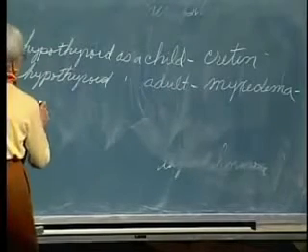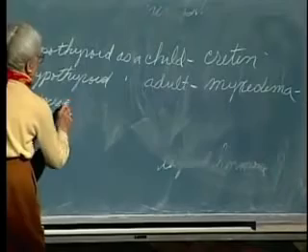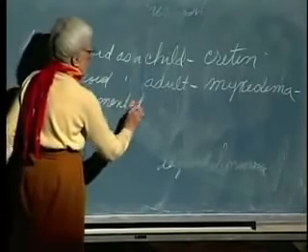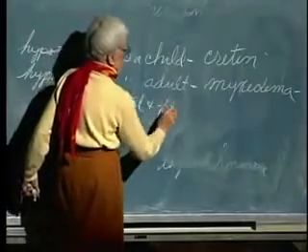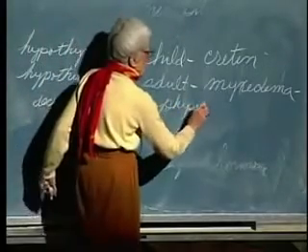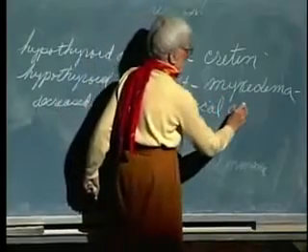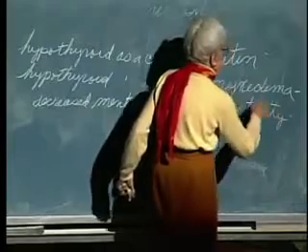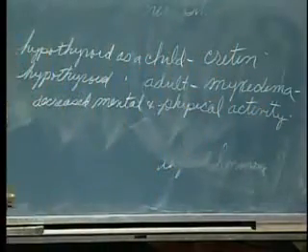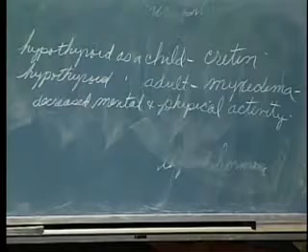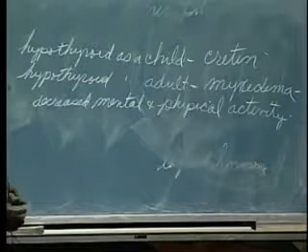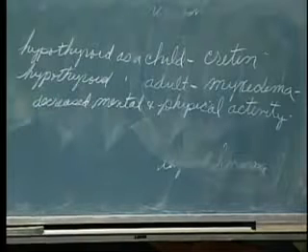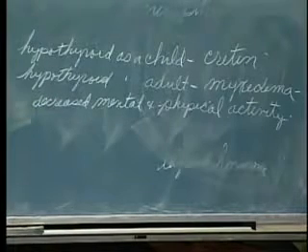This would be decreased mental and physical activity. Sometimes children, using a derogatory term for a playmate when they're not too bright, just call them a cretin. But you recognize there's a reason because of the reduced thyroid activity.